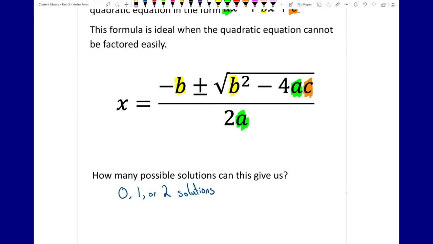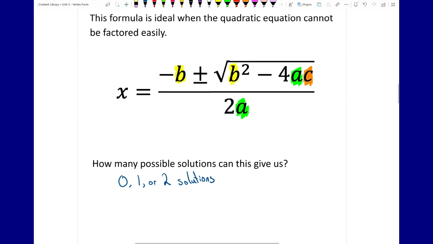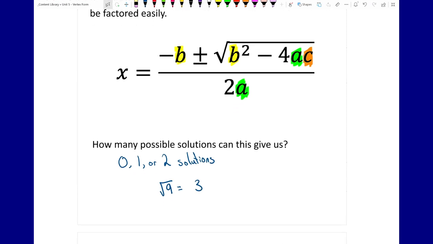You might be thinking, how do I get two possible values from this? Well, remember when we take the square root of a number, for example, if I take the square root of 9, normally we'd say our calculator says that's 3. However, there is another possible solution. We could have also negative 3. So really, the square root of 9 is plus or minus 3.